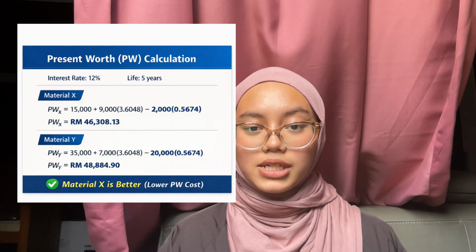Meanwhile, the present worth of material Y is approximately 48,885 ringgit. Since both alternatives represent costs, the material with the lower present worth is preferred. Based on this analysis, material X has a lower total life cycle cost, making it the better option economically. So, I will put the calculation here.